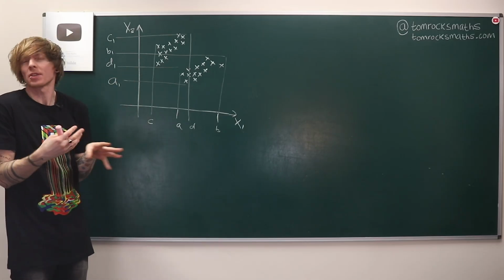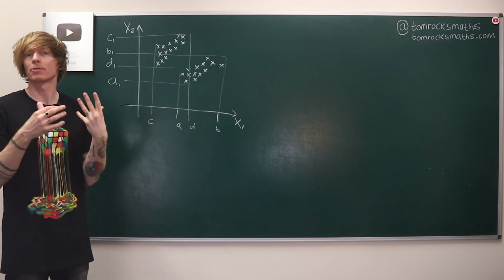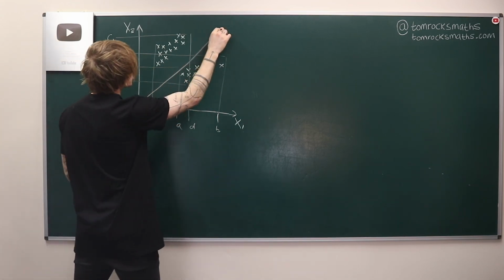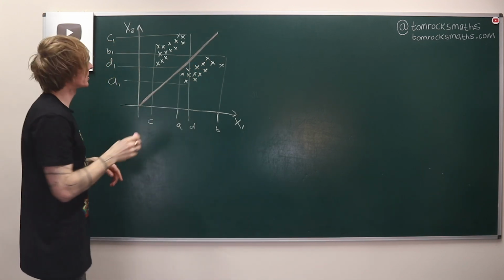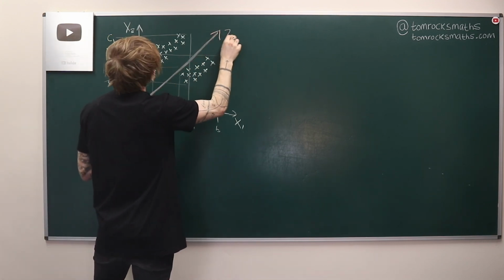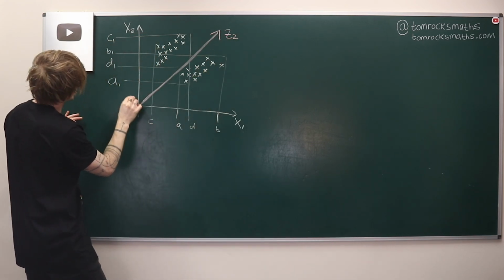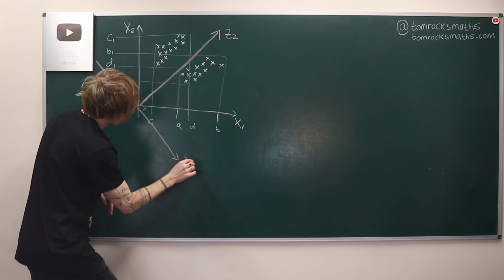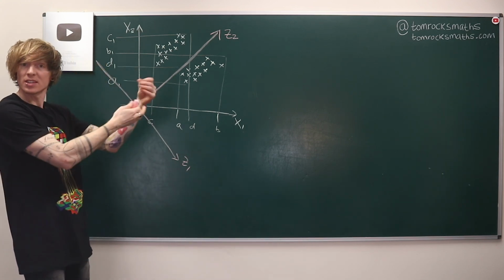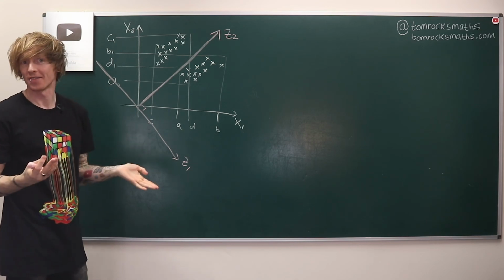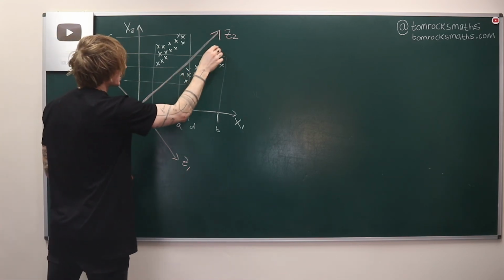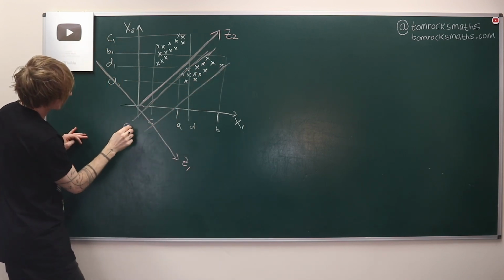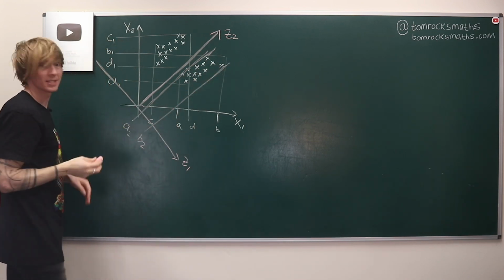Here, the two groupings could actually be easily identified by rotating the axes. If we were to perform some kind of rotation, which we will work out in just a moment, to get some new axis, let's call this Z2, and then another orthogonal axis, so it's still at a right angle, and this is going to be Z1. Then under this rotation of our axes, we can now very clearly see that this first group is between, let's call it A2 and B2 along the Z1 axis.